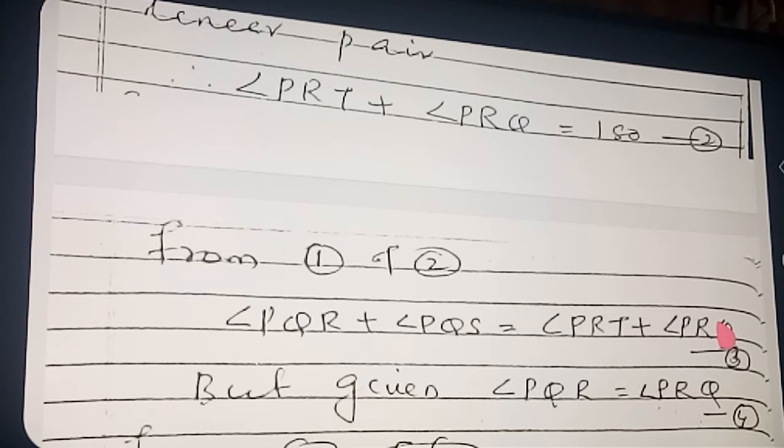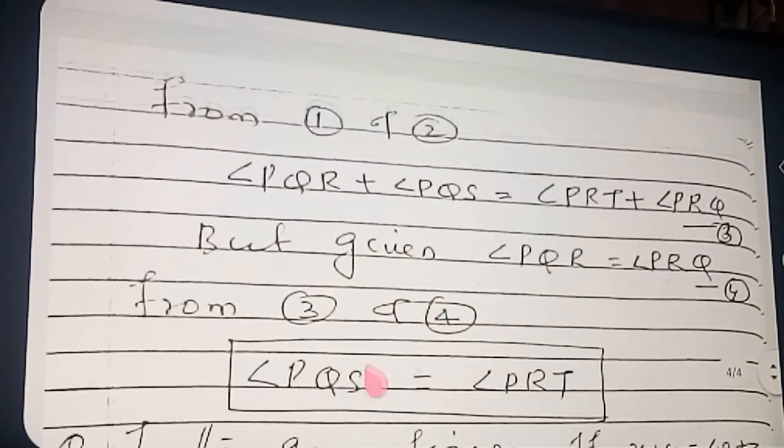For your understanding, we can give it as 60 and 60. Suppose here you give 60 and here also 60. Why give 60? Because they are given equal. So I gave 60 here and 60 here. So what will happen? Automatically they will cancel now. So what will you get remaining? PQS is equal to PRT. That is only what you want to prove. So you proved it.